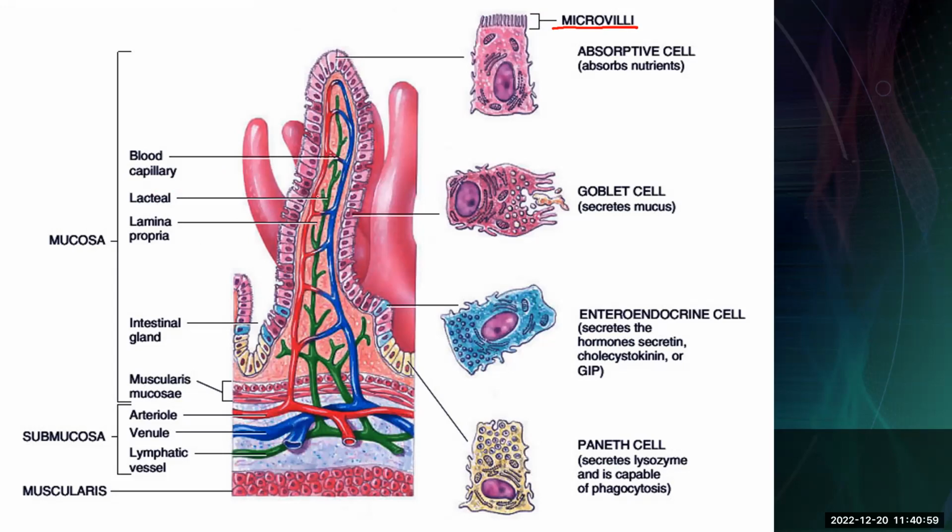So the middle is the lacteal duct, and then the blood supply. And when it comes to the base, we have the gland, the intestinal gland. This part represents the intestinal gland.